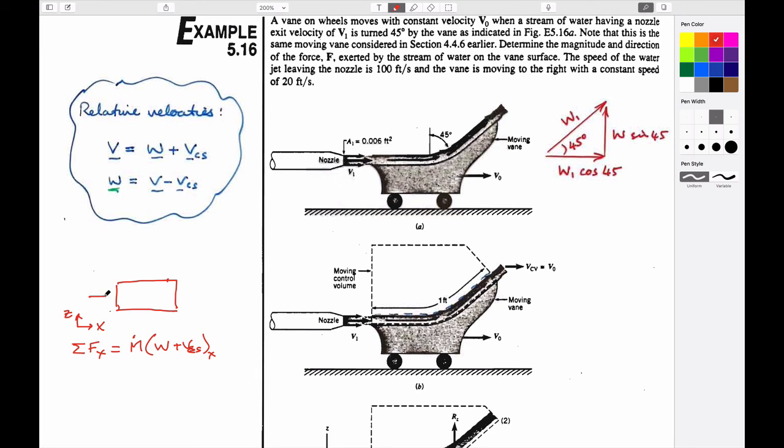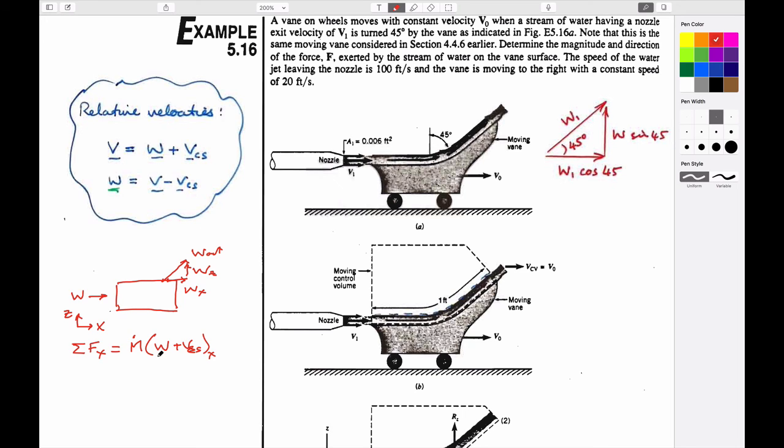And so if you look at the fluid coming in at some velocity w relative to this vane, and going out with w out, with components in each of these directions, this would be z, and this would be x, then the mass flow rates have to be the same going across this boundary as they are in and out.